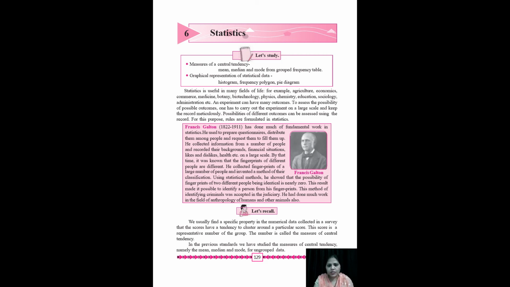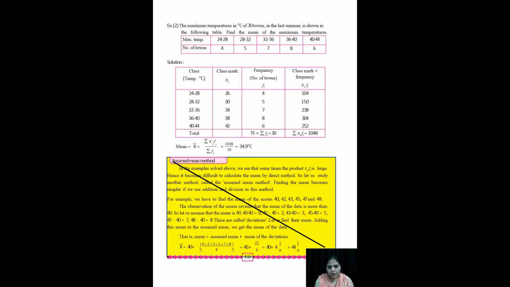What has been reduced in statistics? See here, directly on page number 132, the assumed mean method. You all know that we had three methods to calculate mean: direct method, assumed mean method, and step deviation. So strike out the assumed mean method on page 132.